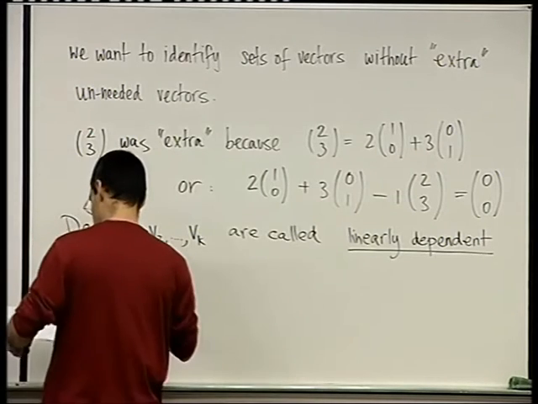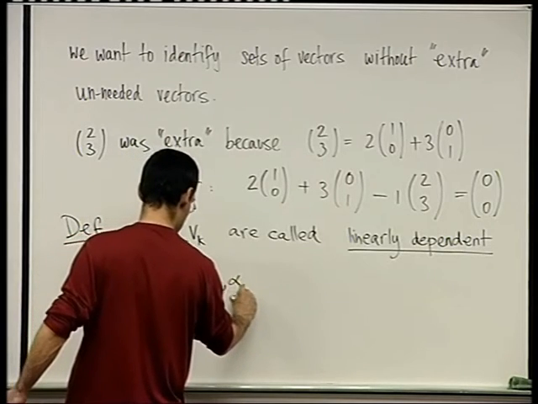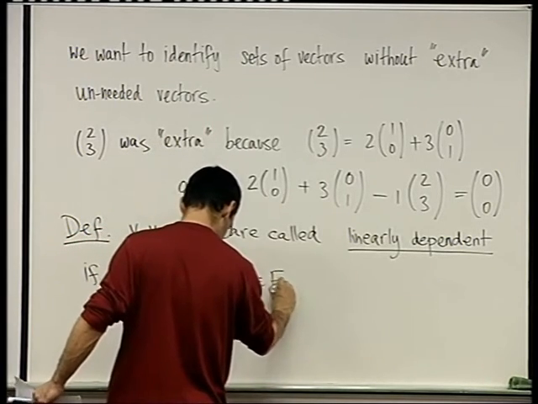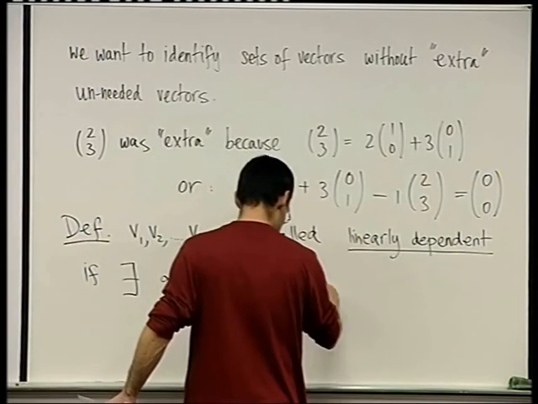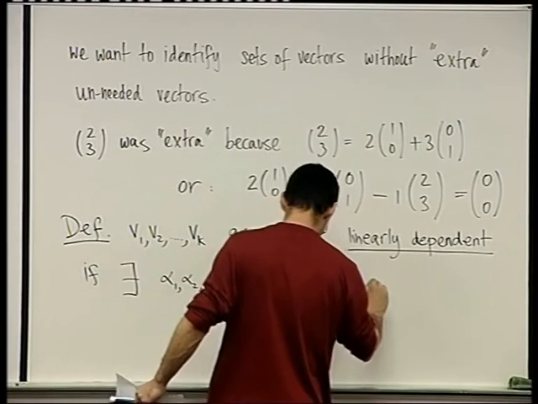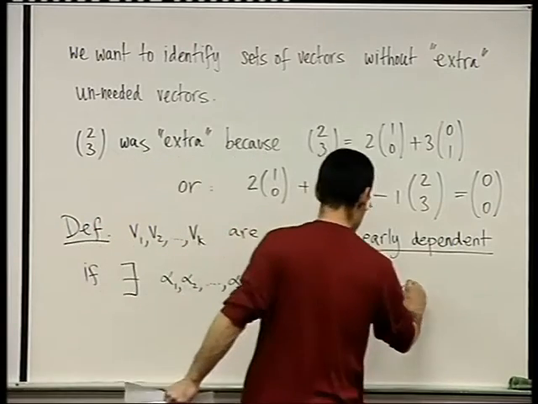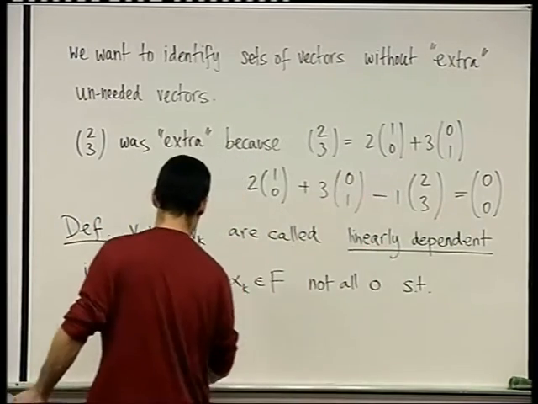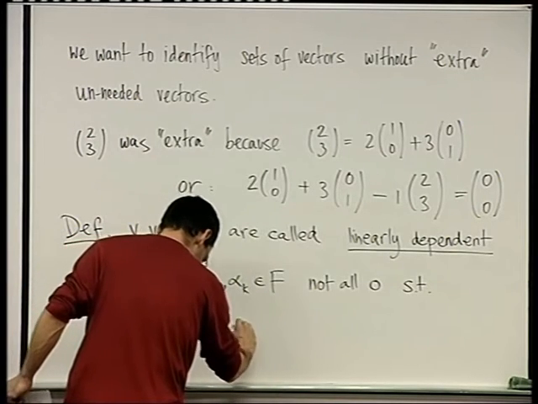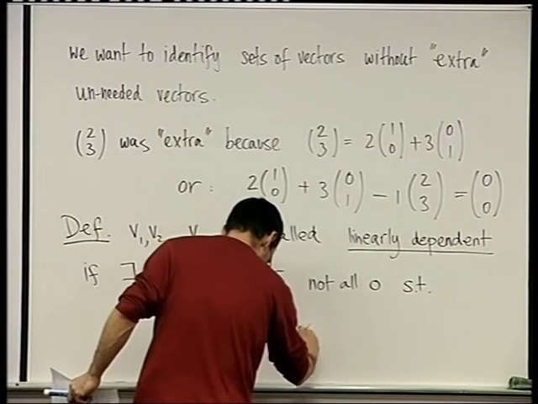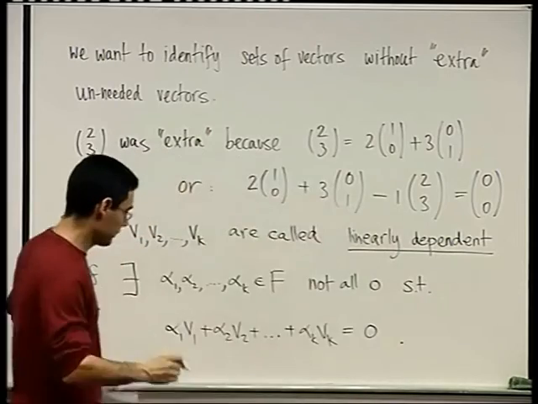There exist scalars alpha 1, alpha 2, all the way up to alpha k, in the field F, scalars, not all 0, not all of these can be 0, such that the linear combination with these scalars, alpha 1 v1 plus alpha 2 v2 plus ... alpha k vk, is the 0 vector.